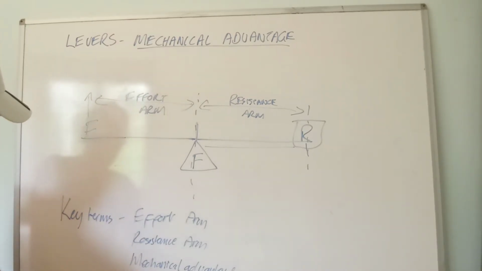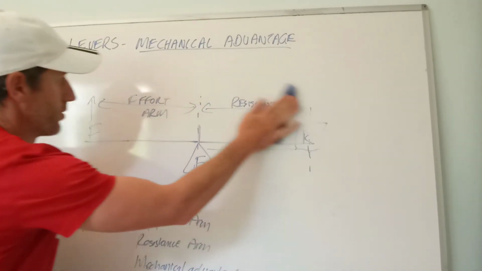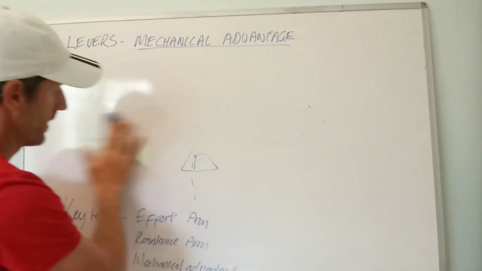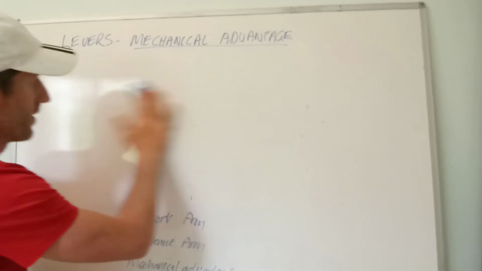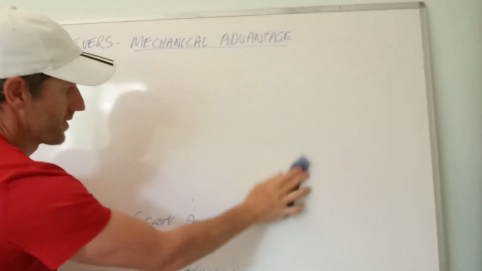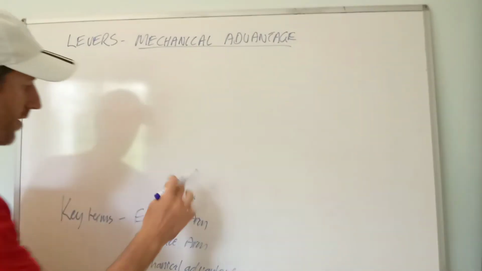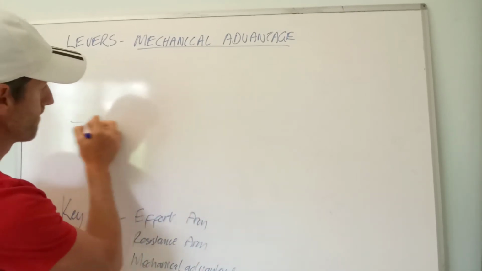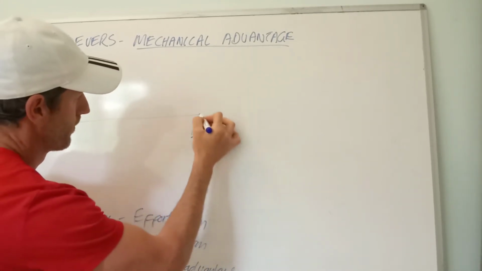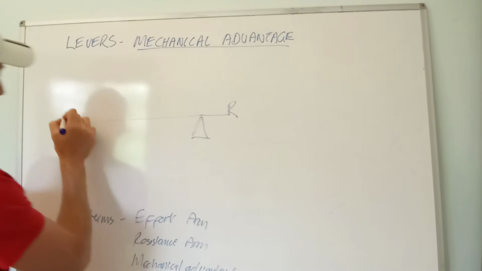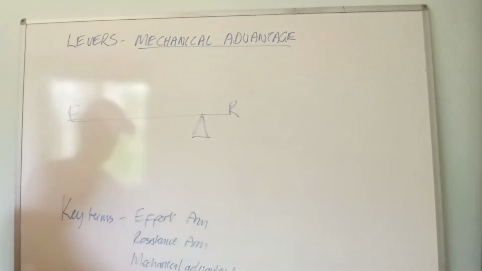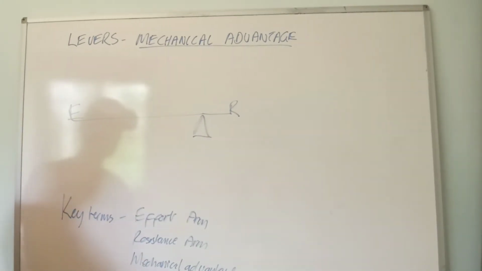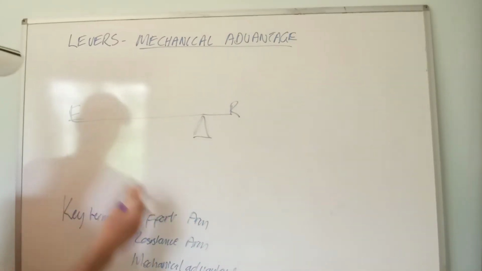Now, if we're having a look at mechanical advantage, you need to remember that you get a mechanical advantage if your effort arm is longer than your resistance arm. So resistance is there, effort is there, and you would gain the mechanical advantage of strength.